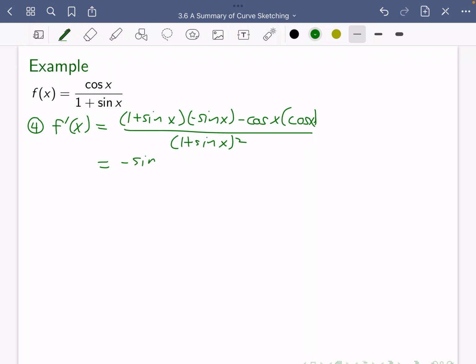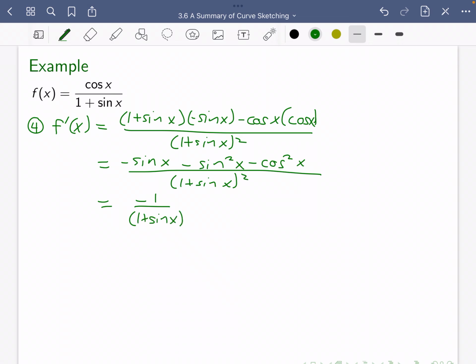If we do that, we will have negative sine x minus sine squared x minus cosine squared x over 1 plus sine x squared, and so that is negative 1 over 1 plus sine x.